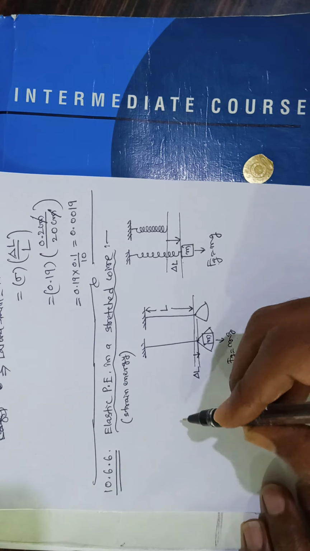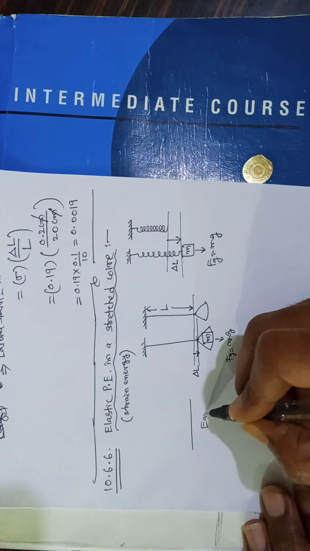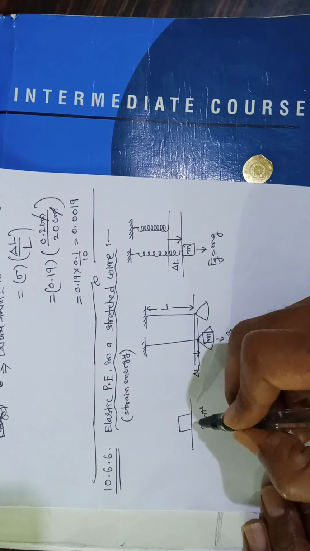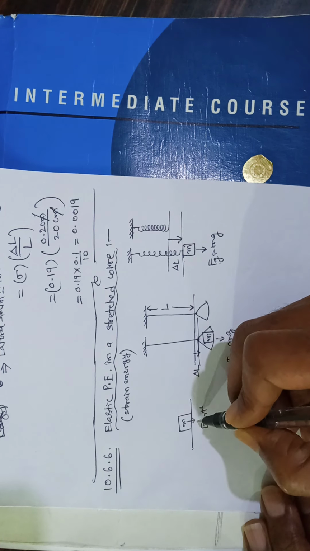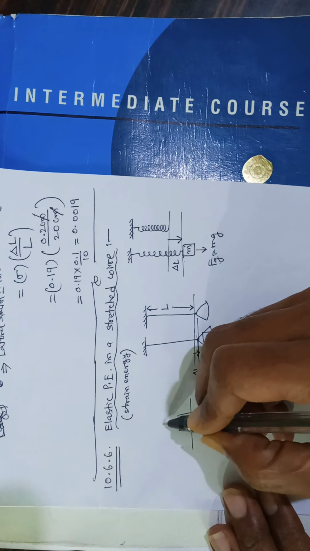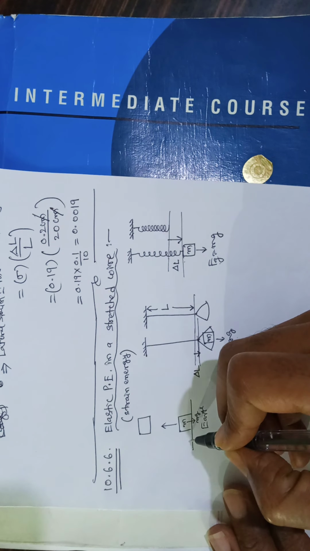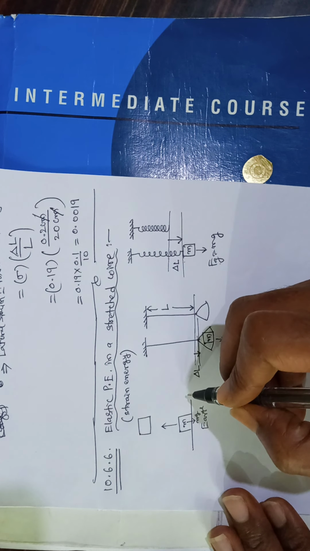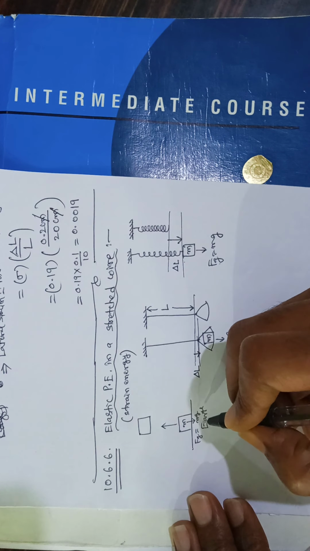We can take a simple example. Suppose this is Earth surface. On the Earth surface, a body of mass m is there. On that, gravitational force is working downward. So, to lift the body upward to some height, we have to do work. First, we need some force.